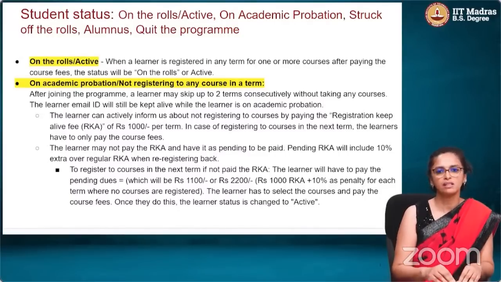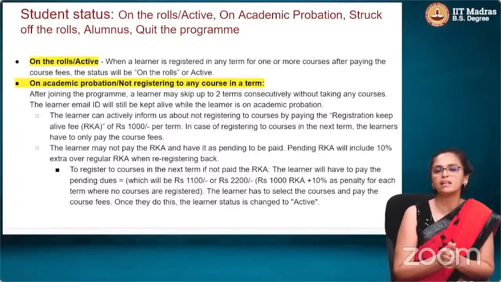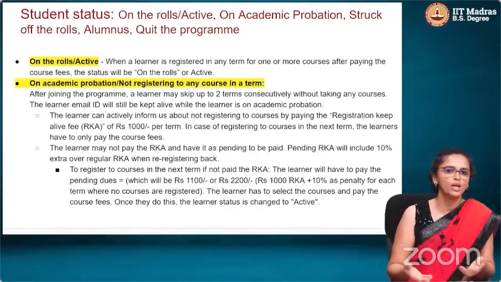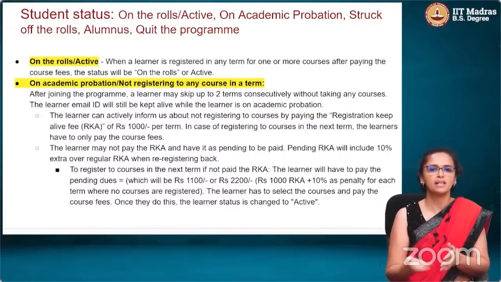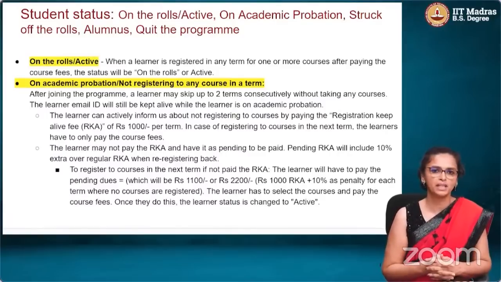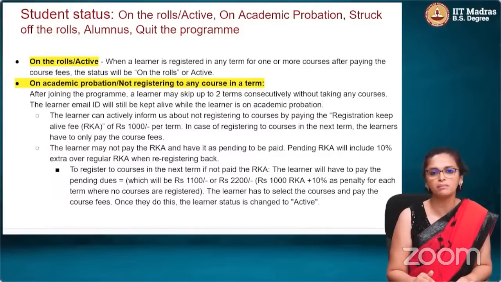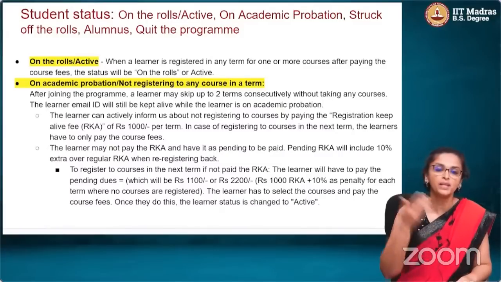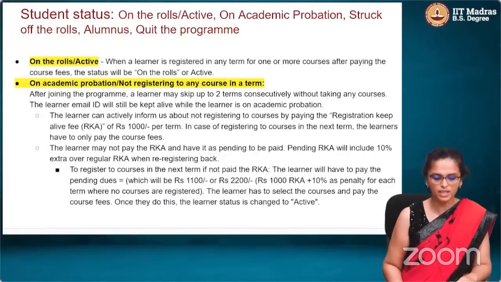Okay, so this is the term that we will call on academic probation, and you have to pay us RKA of ₹1000 to take a term's break, to tell us that I'm not coming in for this particular term, I'm not registering to courses, but keep my email ID active and I will come back soon. I just need a break this particular term. If you don't pay the RKA but you have not come in to register to courses in a particular term, the next term when you come back to register for courses, this RKA fee will be recovered from you. So that is what is given here.